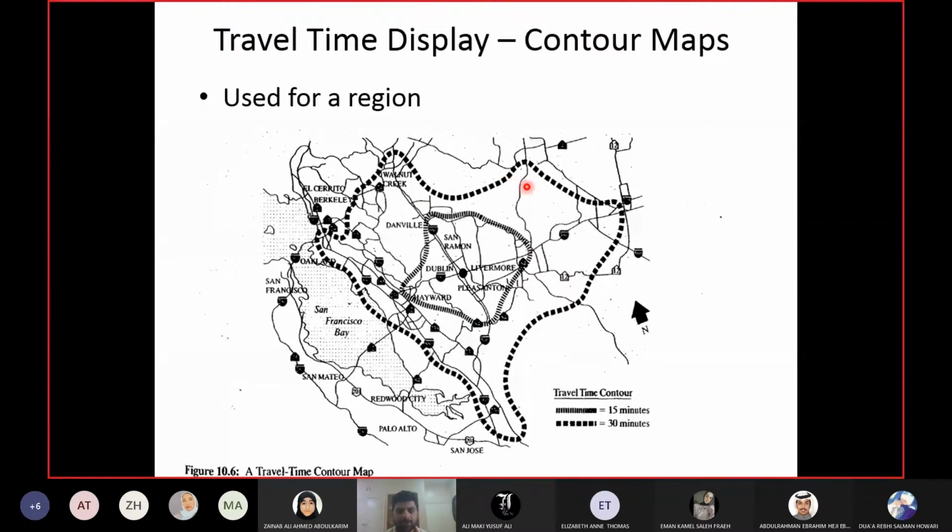You need the travel time data for the whole region. Then from the whole region, you would see how many locations are at 15 minutes from this point and 30 minutes from this point and so on. So this is a wider study, and it needs more data. You can still apply the same techniques, test car, license plate, whatever, but you will need more data.